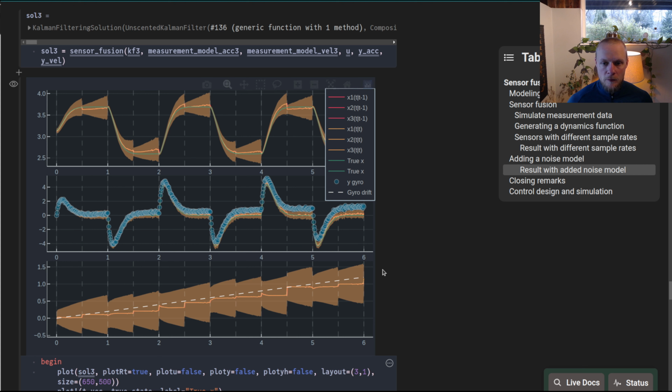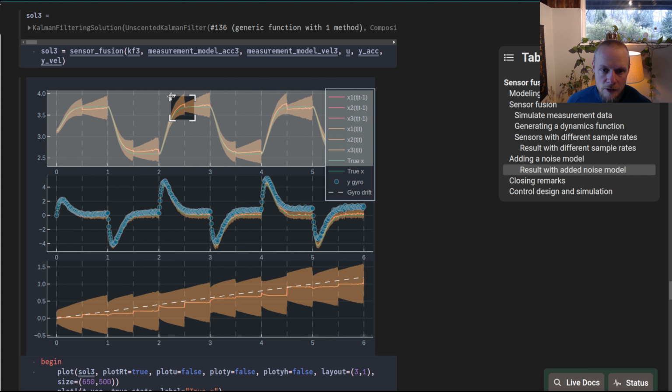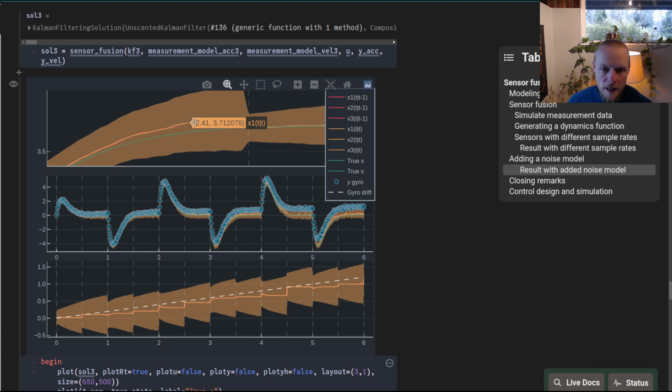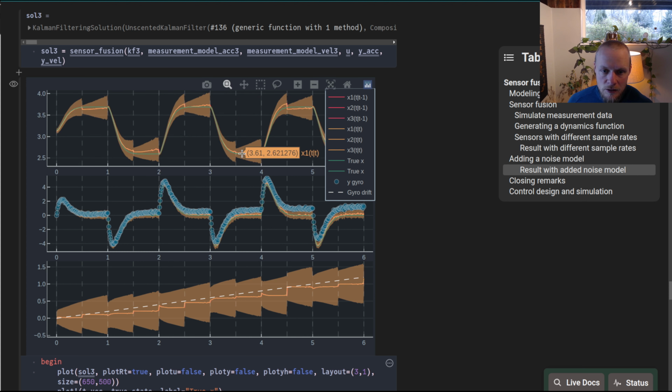All right, we see that, yeah, we still do a reasonable job. But now we see that the estimate of the angle is starting to drift away, and it drifts away until we get an acceleration measurement. So we see that the acceleration measurement appears at this dashed vertical line here.